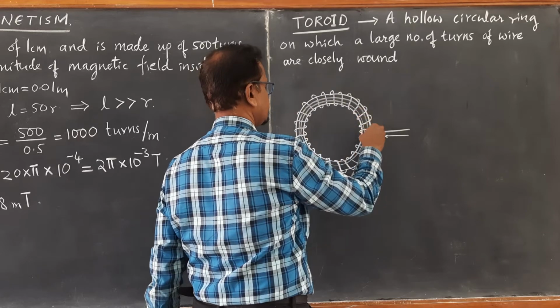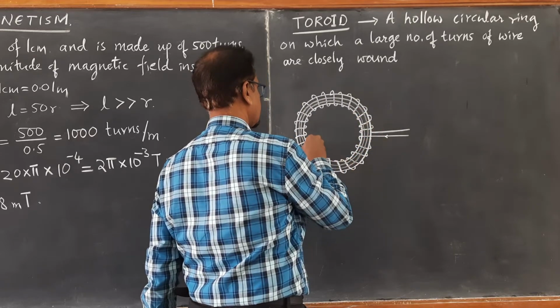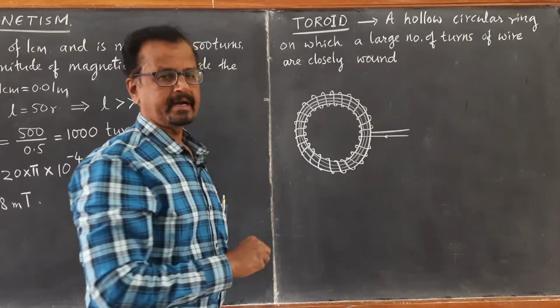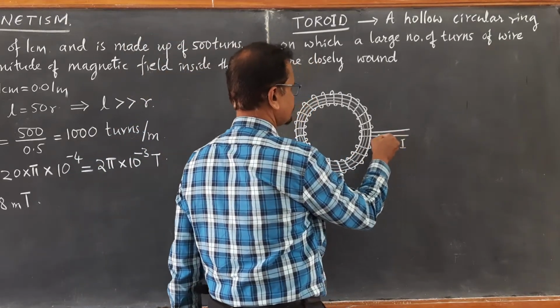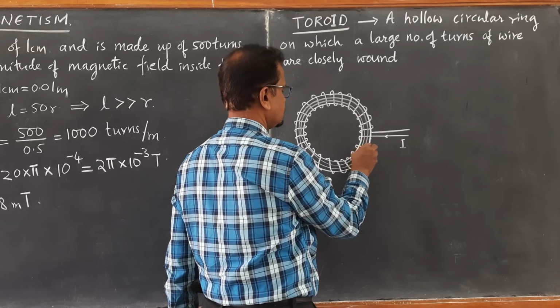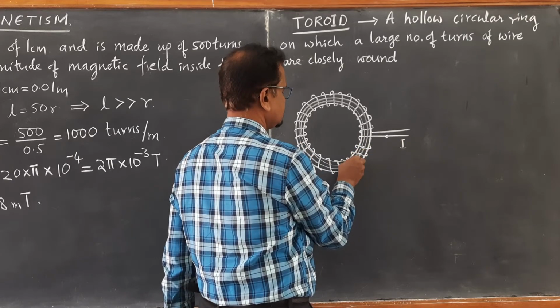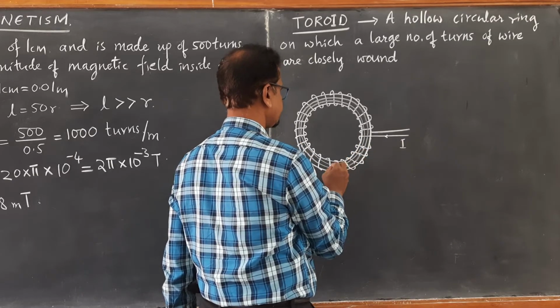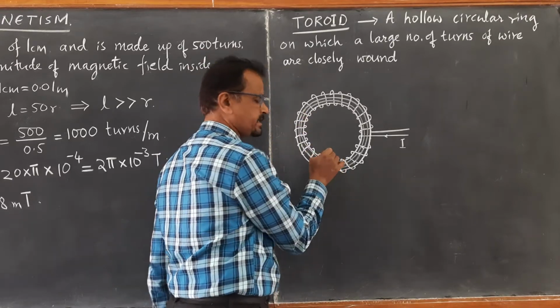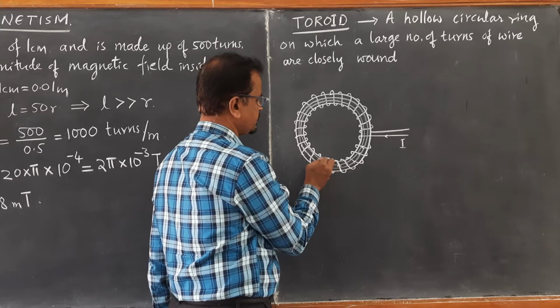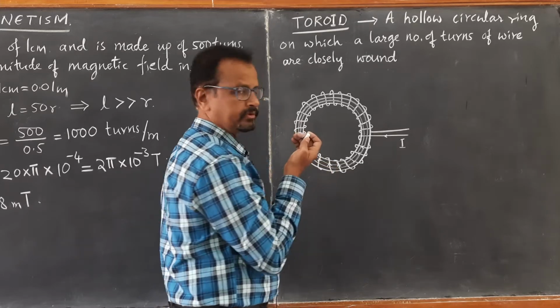Circular concentric magnetic field lines. Now you see, when the current I enters from this wire, you can see how the current enters here. At the bottom the current is entering inside, and at the top of the toroid the current is emerging out.